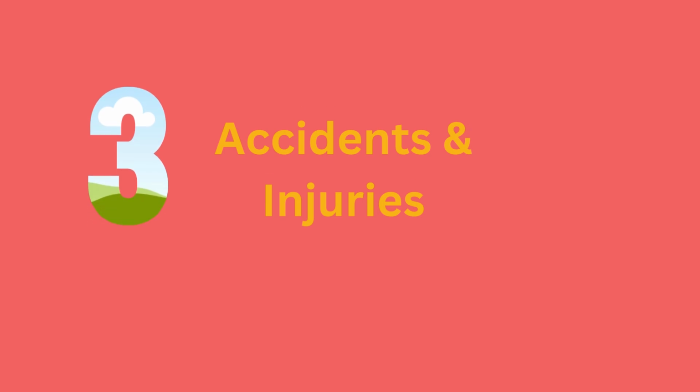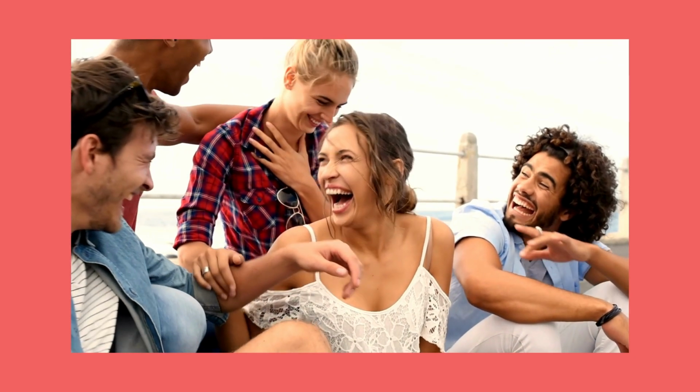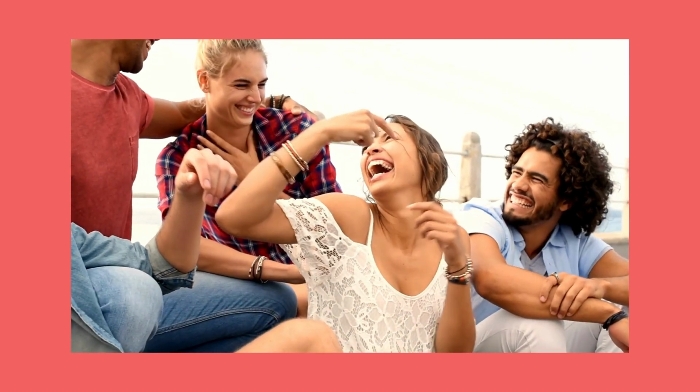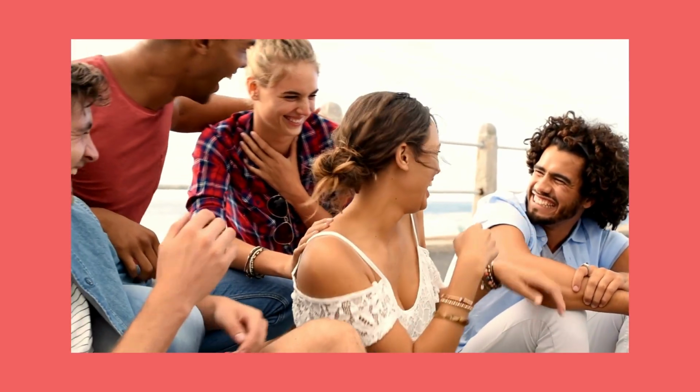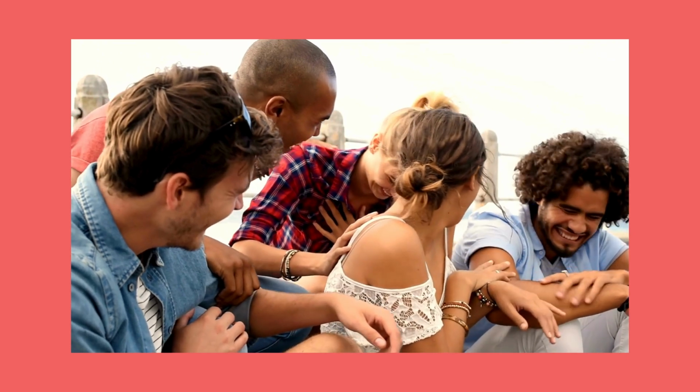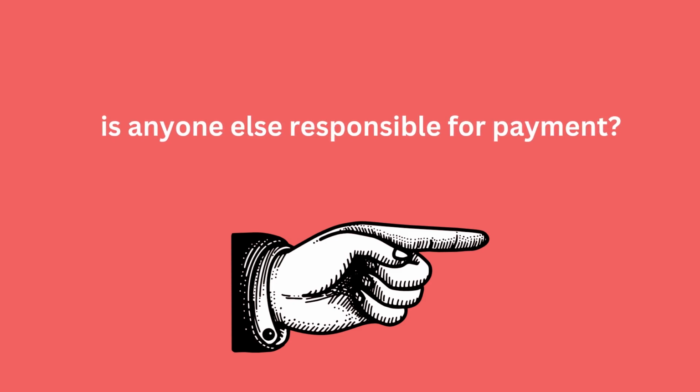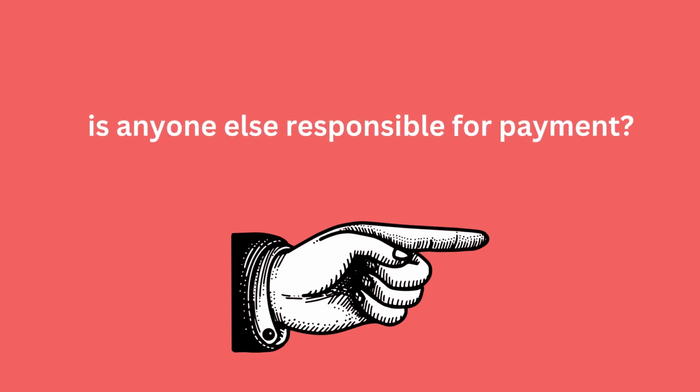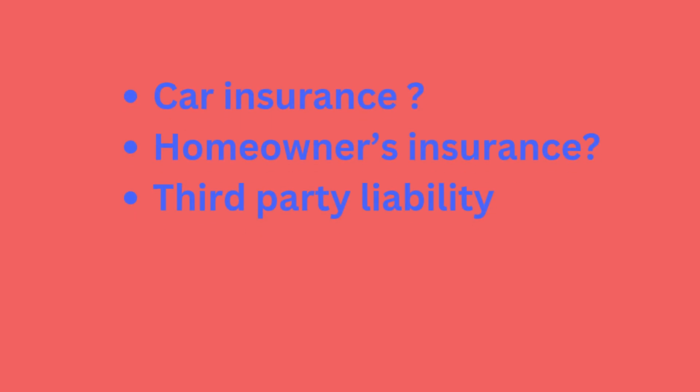Accidents and injuries can also result in rejections or denials. Why? I know your insurance is most concerned about paying your claims as quickly and as much as possible, but they will be looking out to know if someone else might be responsible for payment. A car insurance, a homeowner's insurance, or any third-party liability.